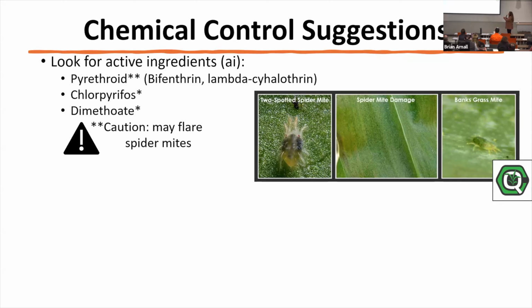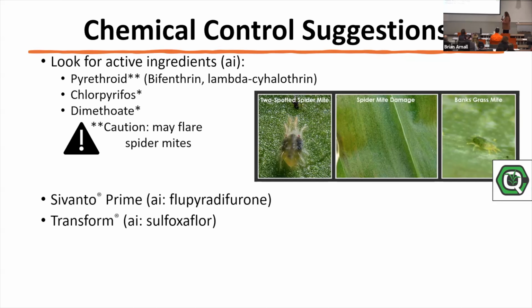But for all three of these, especially pyrethroids, you need to be cautious because you could flare spider mites. Similar to what Seb was talking about yesterday in some other cropping systems, spider mites are an unexpected problem that can be really unpleasant really quickly. Some other suggestions coming out based on evidence from studies out of Brazil and Argentina are also the use of Savanto Prime, which Seb also endorsed yesterday.